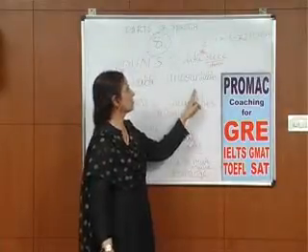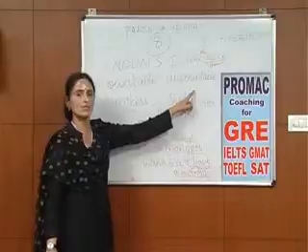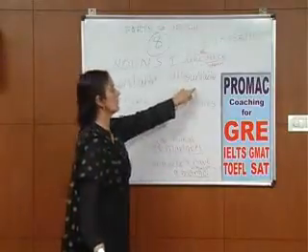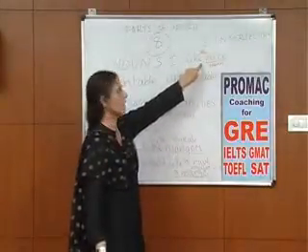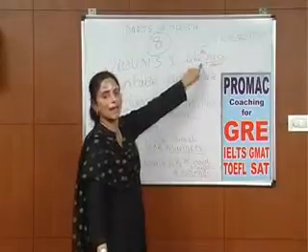Now a difference in the countable and uncountable nouns at a very basic level again would be that uncountable nouns cannot be preceded by a or an.